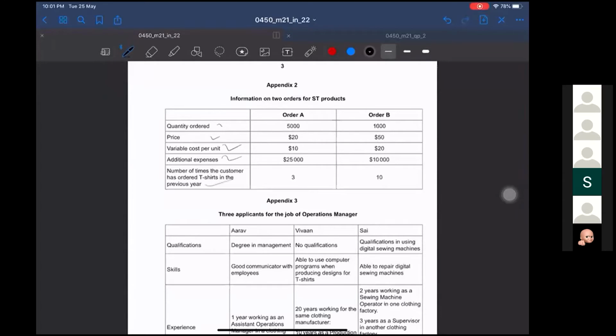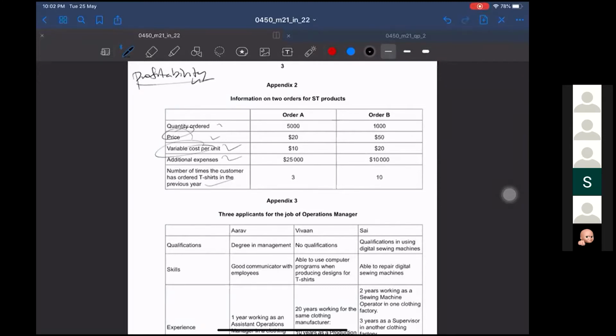So what can you use from this information? Definitely, you may use the information to calculate several things. Whenever the question gives you the price and cost, you can calculate the profitability.